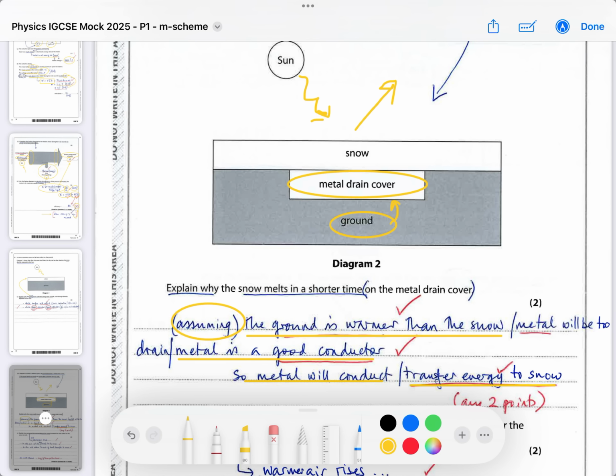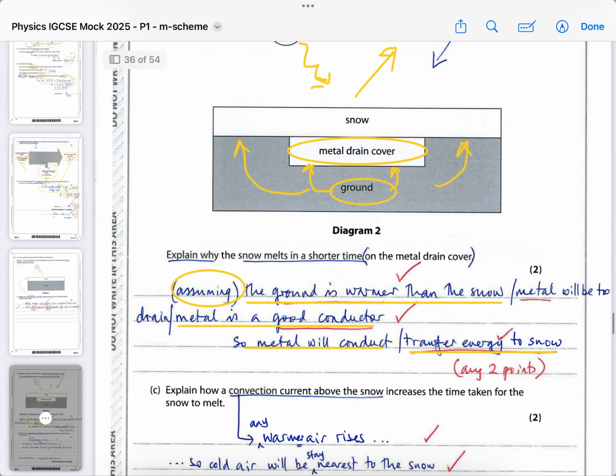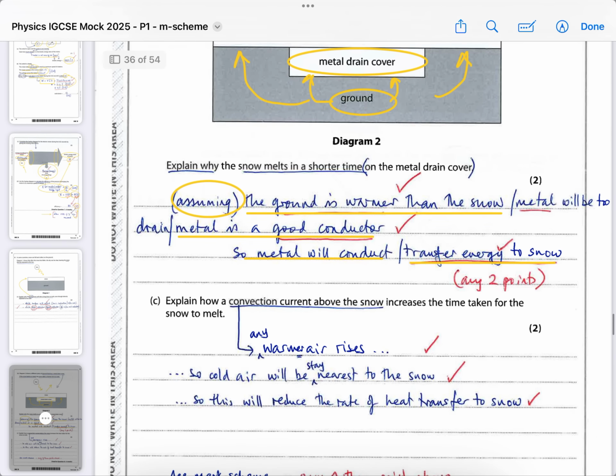So it's nothing to do with the sun and the metal absorbing the energy of the sun. It's basically transferring heat from underneath through the metal because it's a good conductor. So that bit will conduct quicker than from the side, where there is just the normal ground. So part 2, I think, is slightly unfair in that we're assuming the ground is not frozen.